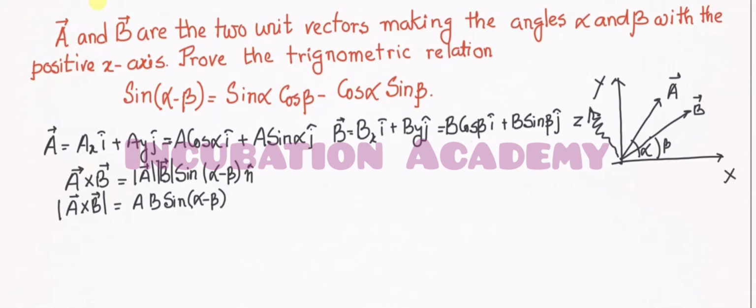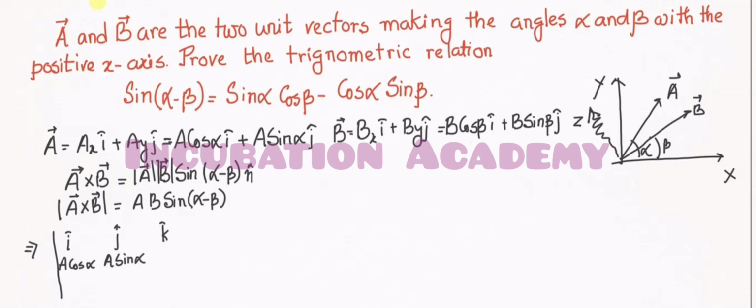So let us put the determinant here: i cap, j cap, k cap. What is the x component of a? a cos alpha. The y component of a is a sine alpha.